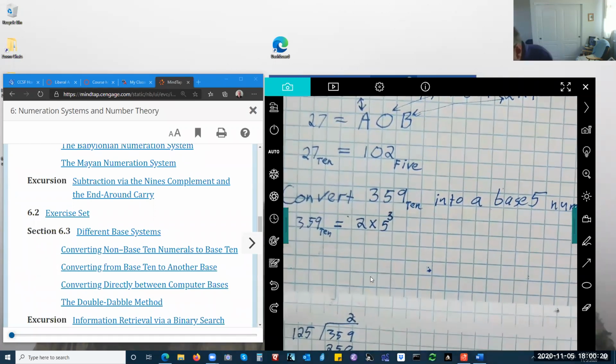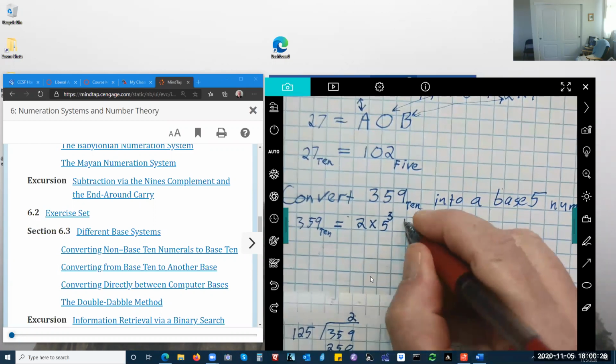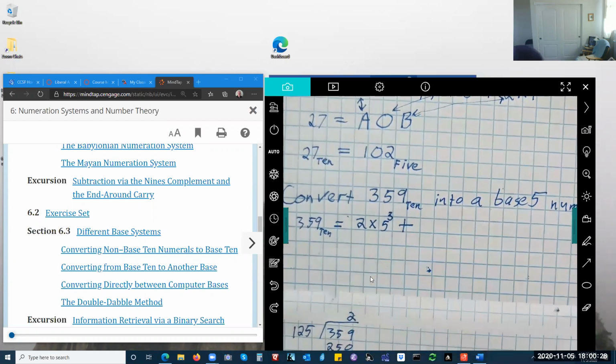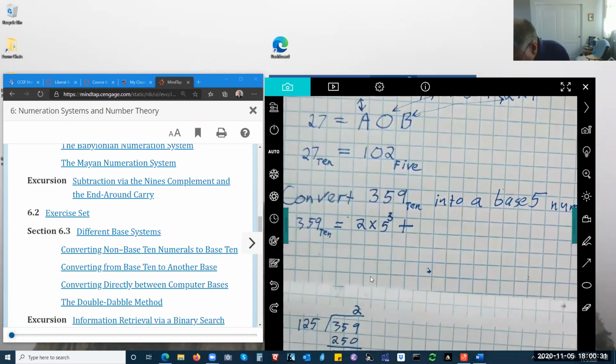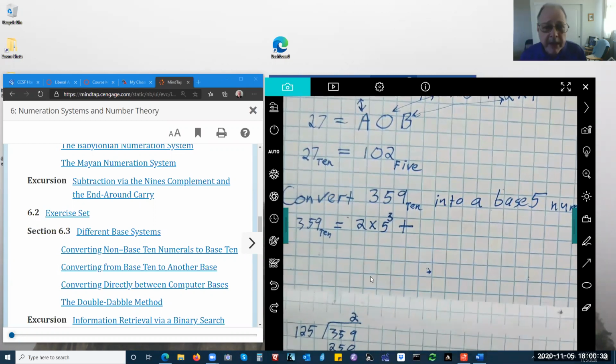So there are 2 of these 125s. 5 cubed is 125. Right. So now we still have 109 more left to go.